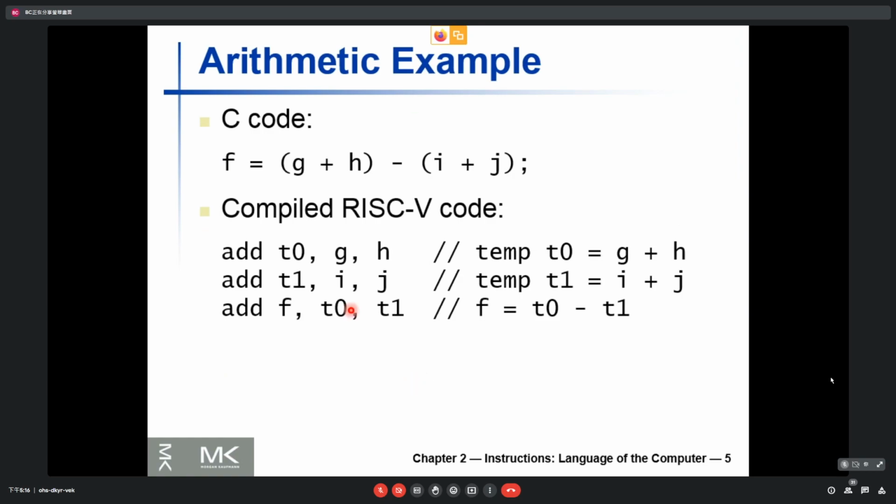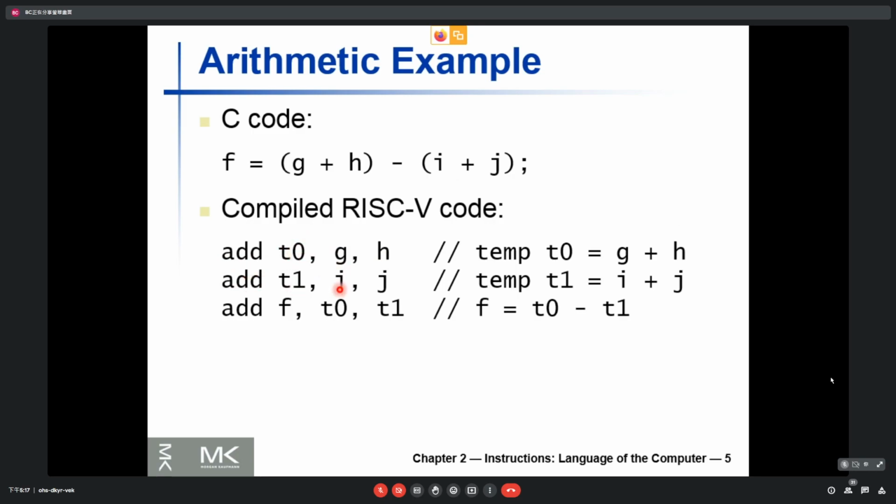Let's look at one example. C code. When you write C code or Python code, whatever high-level code, you want to add G and H, you want to add I and J, and you want to take this one and minus that one. So if you write it into RISC-V code, it looks like this. You add G and H, and you put into temporary T0.